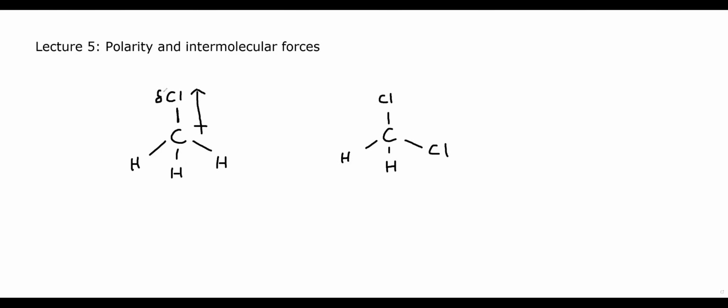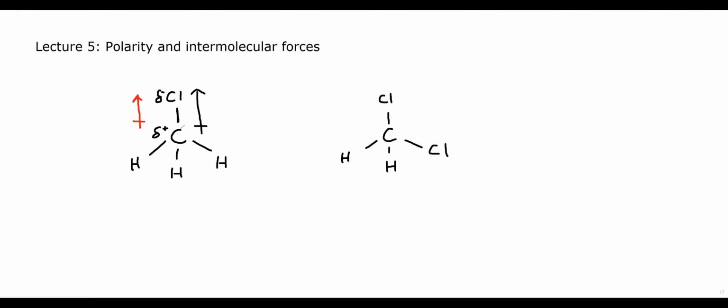This gives the chlorine a partial negative charge and the carbon a partial positive charge. And we can also consider the net or overall dipole moment for the molecule, which I'll draw in red, which will also be straight up to the chlorine because that's the only dipole that we have.